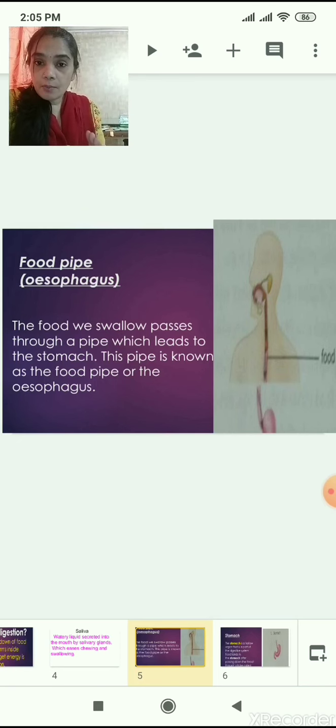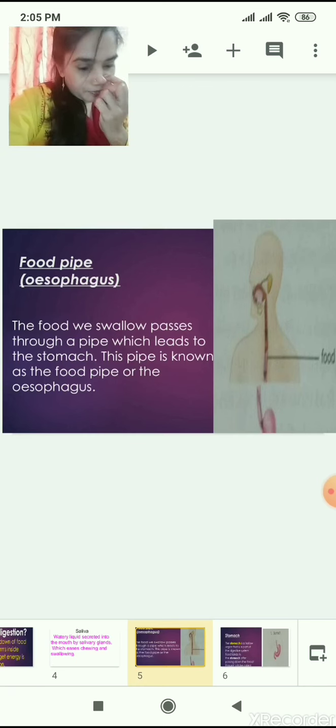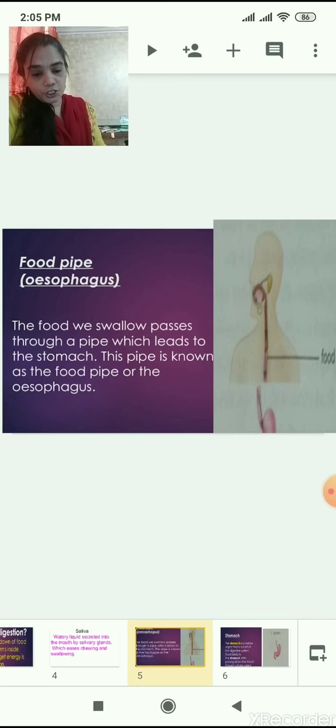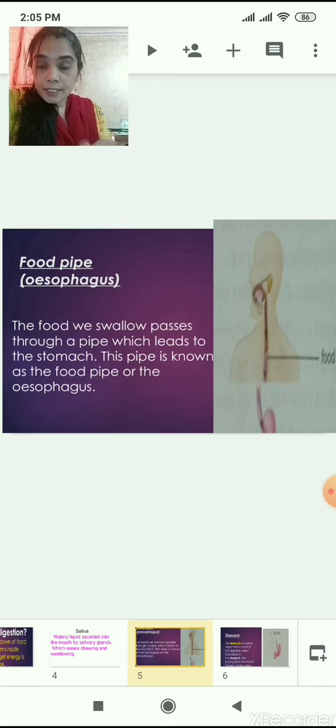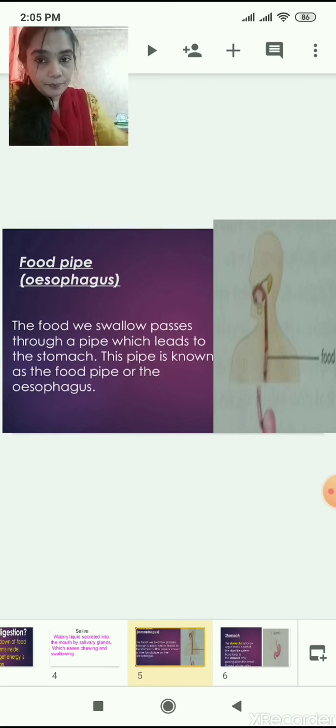In the same way, for the digestive system, many organs work together to perform the digestive process, that is digestion. So which are the organs, can you list them down, children?